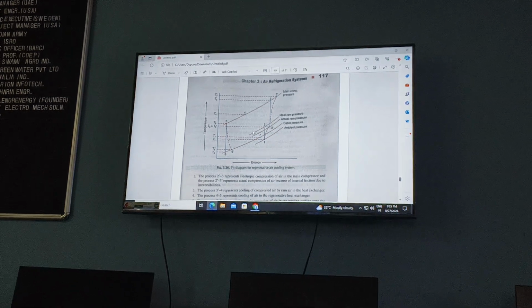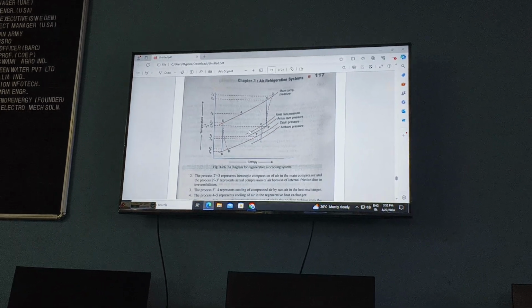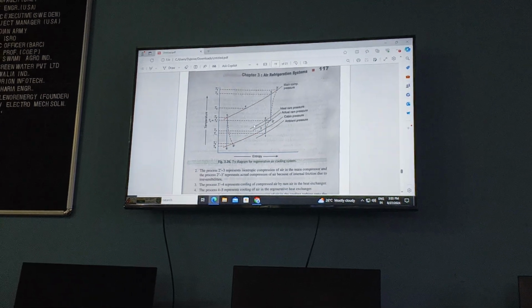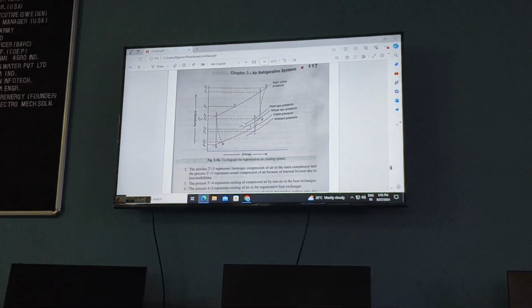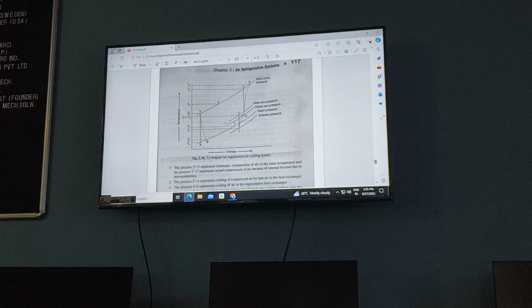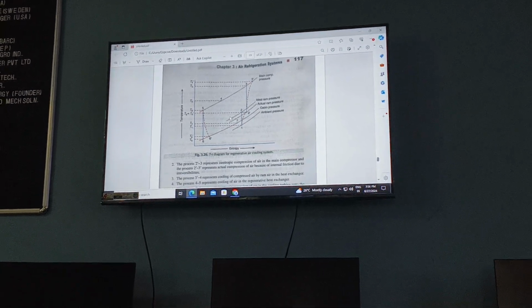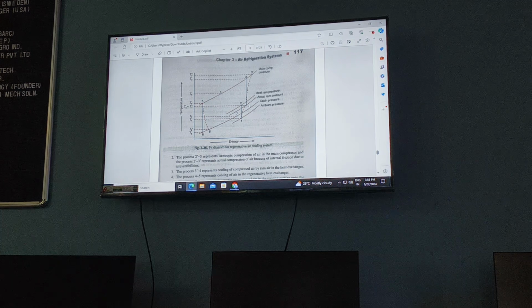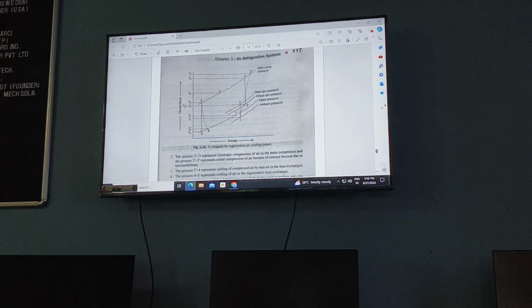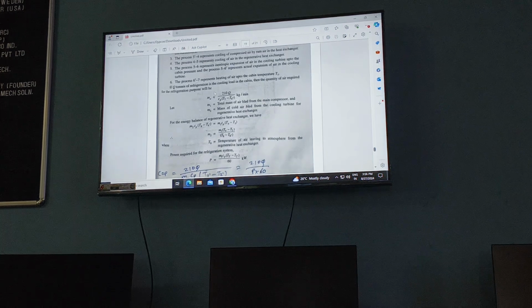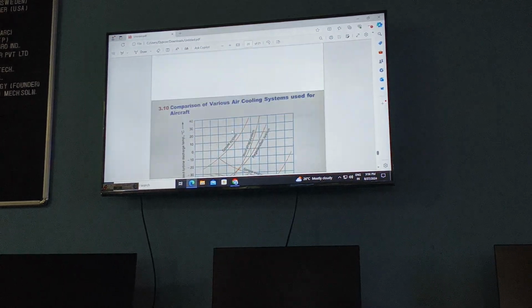Only in the case of bootstrap we are using two compressors. In the remaining cases we are using a single compressor, but heat exchangers may be two, right? Here also we are using two heat exchangers, 3' to 4 and 4 to 5. Okay? Remaining things will be similar, right?